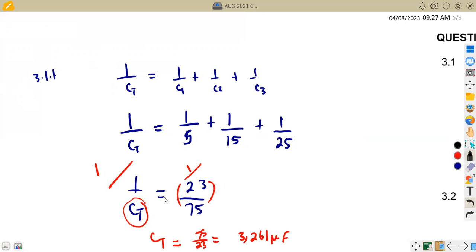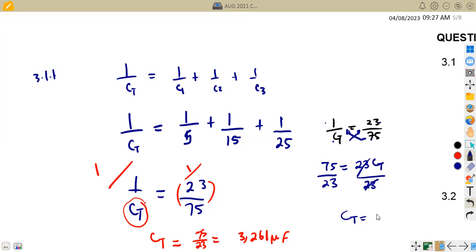Or you can simply cross multiply at this stage. We are given that 1 over CT is equal to 23 over 75. So 75 times 1, that's 75, is equal to CT times 23, which is 23 CT. To find CT, the total capacitance, divide by 23 both sides.